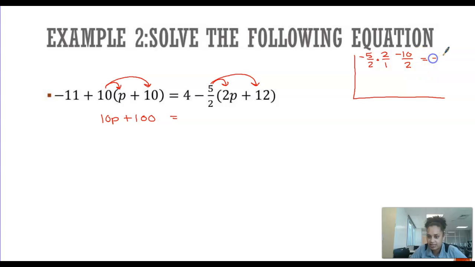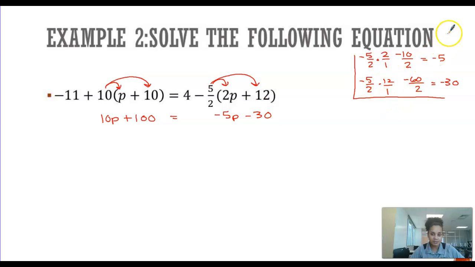And then I simplify that to get negative 5. So this, when I distribute, I'd get negative 5p. And let's go ahead and distribute negative 5 over 2 times 12. 5 over 2 times 12, and I could say 12 over 1 if I want to, and top times top, I'd get negative 60 over 2, which is negative 30.